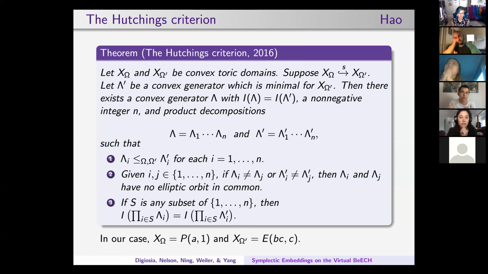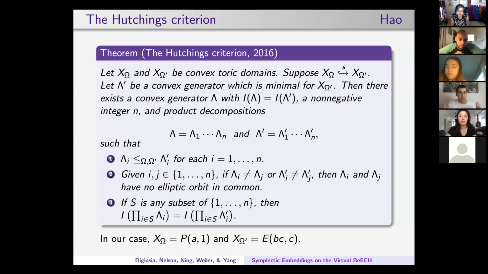So rather than bore you with the combinatorial details of these conditions, I'll just say this. Geometrically, what is going on is that when a symplectic embedding exists, in the cobordism of the boundaries of the two convex toric domains, there exist certain irreducible complex curves. The technical term we use for these curves is J-holomorphic curves, which I believe Leo talked a little bit about before. Each of these J-holomorphic curves connects, figuratively but also literally if we include some caveats like perturbing the boundaries, the factors in the product decomposition of lambda and lambda prime that is written here.